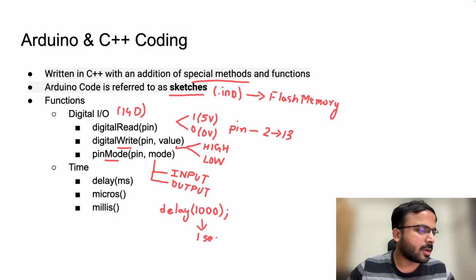The next instruction which you give to Arduino will happen after a delay of 1 second, right? Now if you want to know how much time the Arduino was on, how much time the Arduino was executing, you can call the micros function. You can assign this to any variable, let's say time. So the time for which the Arduino was on can be given.